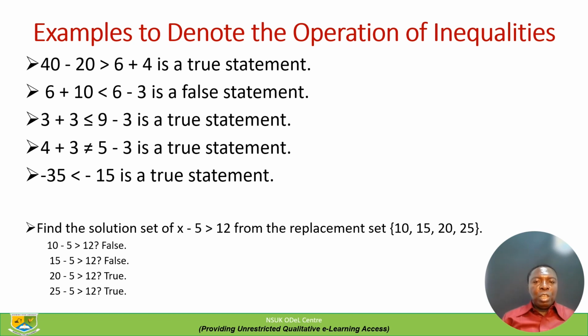So, examples to denote the operations of inequalities. We have 40 minus 20 is greater than 6 plus 4 is a true statement. 6 plus 10 is less than 6 minus 3 is a false statement. 3 plus 3 is less than or equal to 9 minus 3 is a true statement. 4 plus 3 is equal to 5 minus 3 is a true statement.